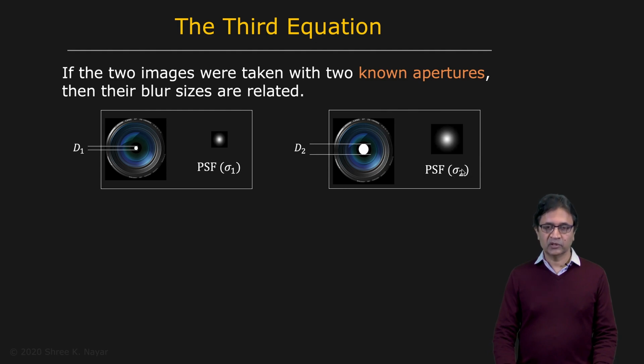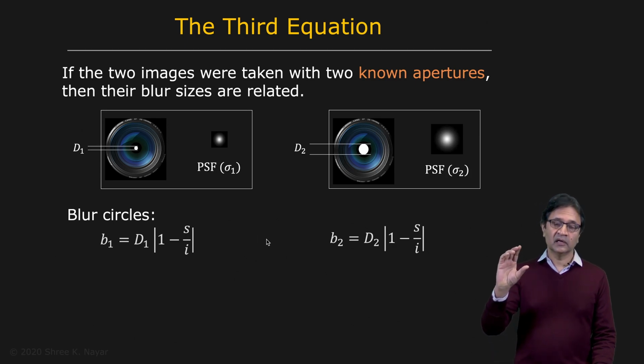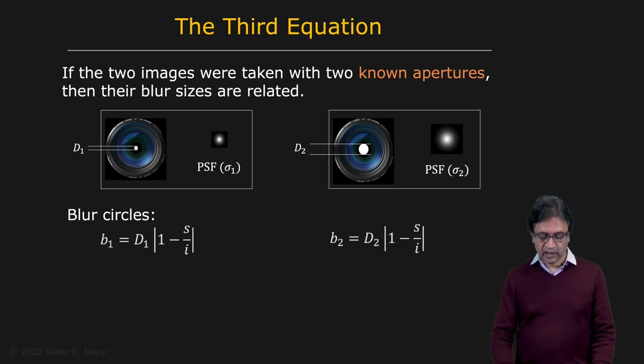Again, we don't know what sigma 2 is, because sigma 1 and sigma 2 depend on the depth of the corresponding point in the scene. So if you look at the blur circles, you have blur circle B1 is D1 times 1 minus S divided by I. S is being held constant here, the sensor location, because we're changing the diameter of the aperture.